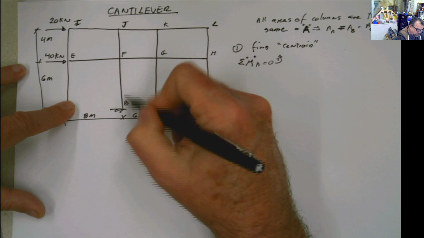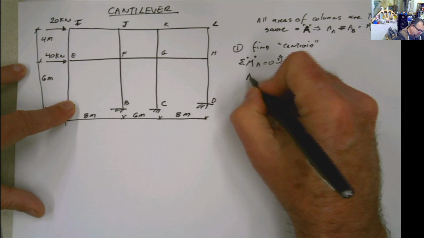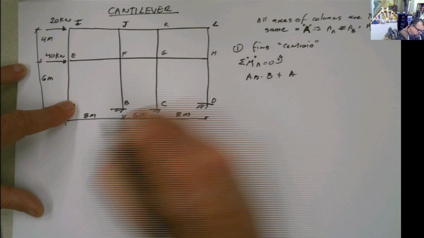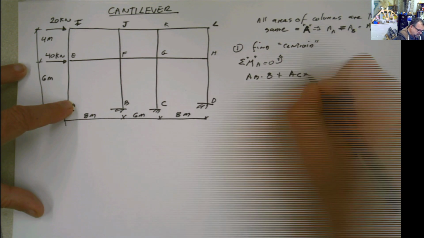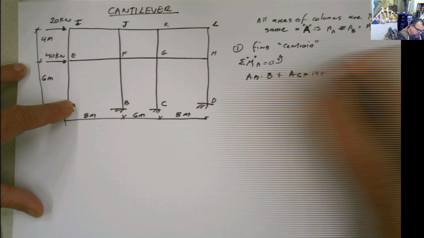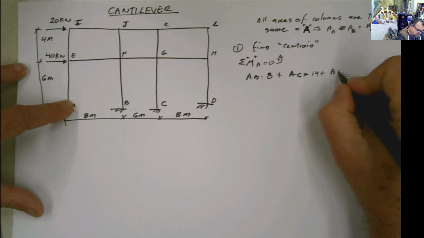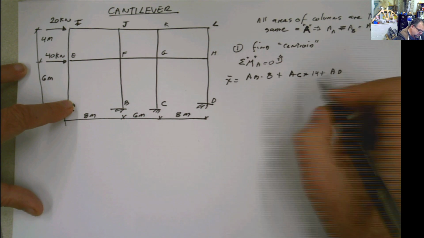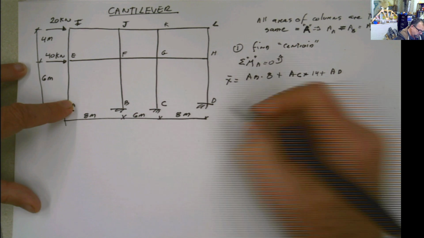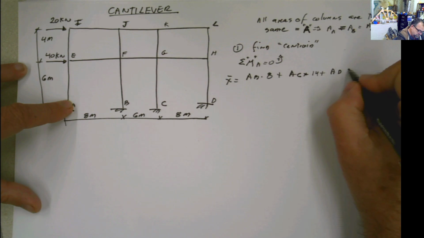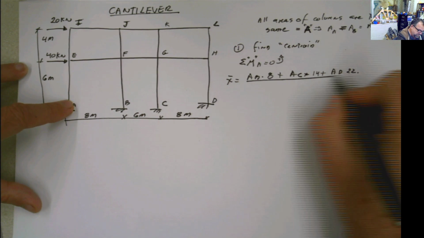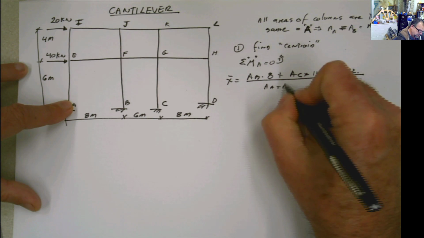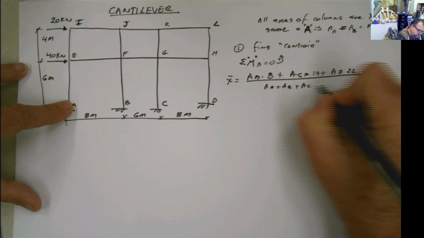So basically what I'm going to do is take the area of the column B multiplied by 8, plus the area of the column C multiplied by 14, plus the area of the column D multiplied by 22, divided by the total area: area A plus area B plus area C plus area D.